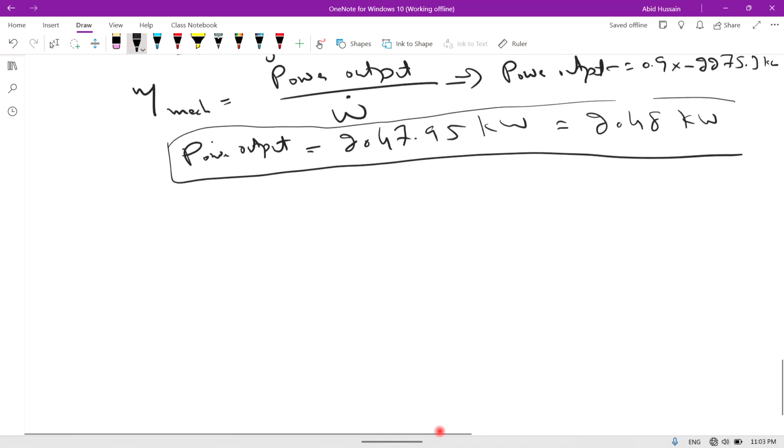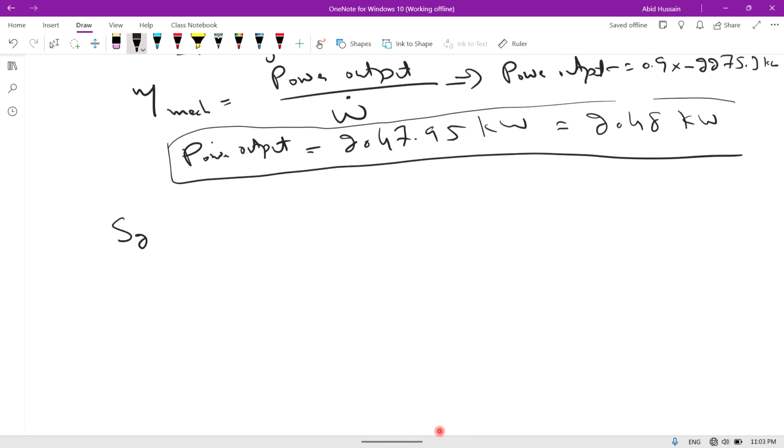Now the change in entropy, S2 minus S1. S2 and S1 we already found.